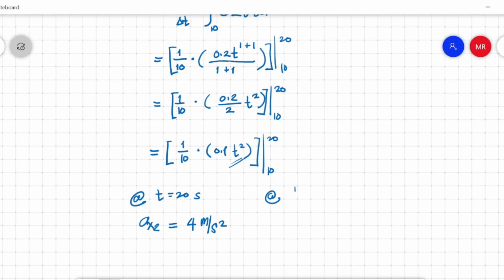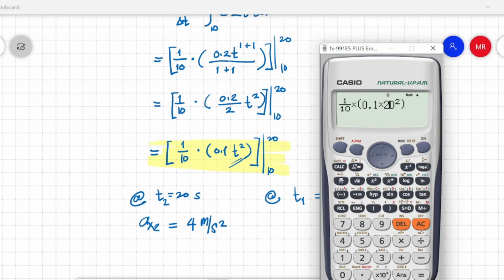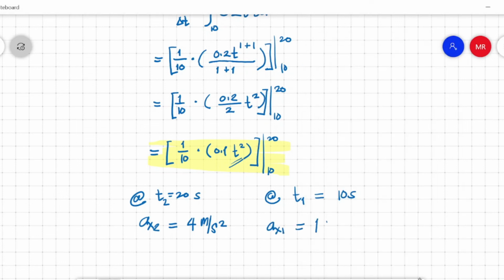And at the lower, time 1, our time 1 is 10 seconds. Substituting 10 seconds to this equation, we'll have 1. So let's say ax1 is 1 meter per second squared.